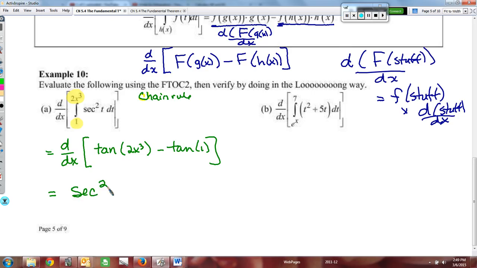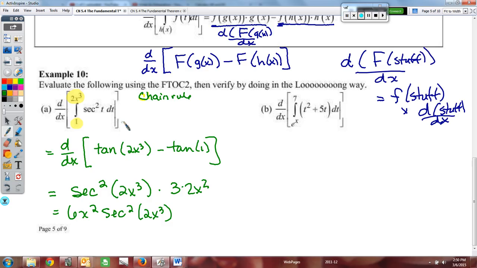So we would get secant squared of the stuff inside times the derivative of the stuff, 3 times 2x squared. So we end up with a final answer of 6x squared secant squared 2x cubed.